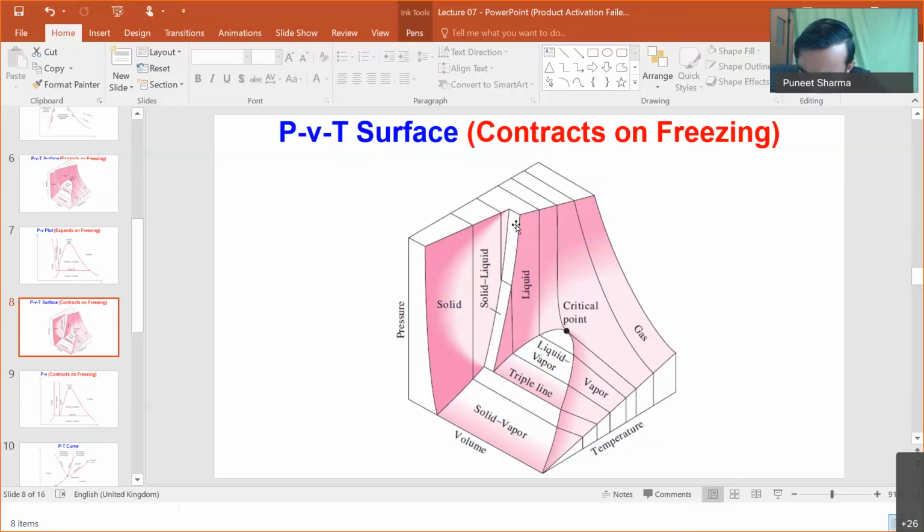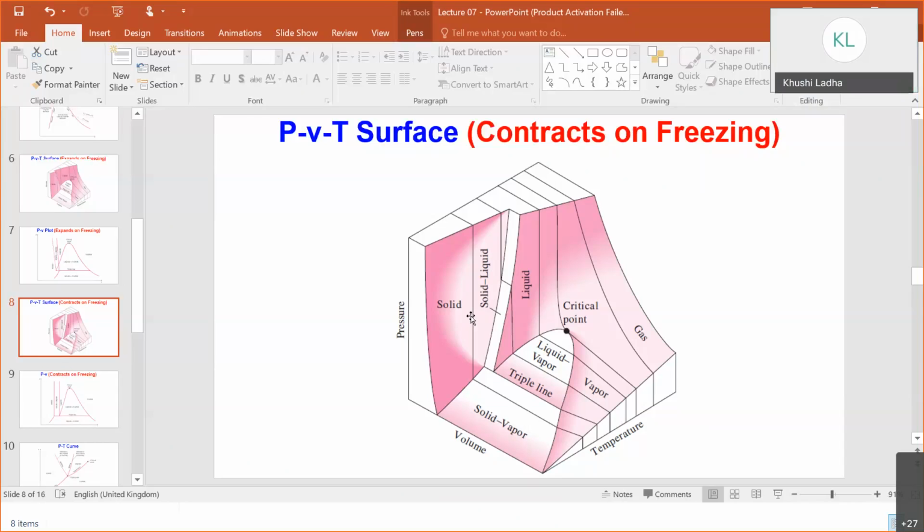And that phase, whatever I was trying to show you earlier, which represents the two-phase solid-liquid zone, is clearly visible over here. Okay. And moreover, while liquid will be converting into solid, we will be having a decrease of specific volume. So this particular substance will be contracting upon freezing. Is this point clear?